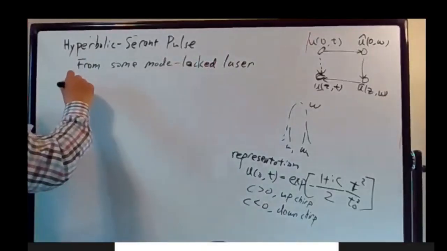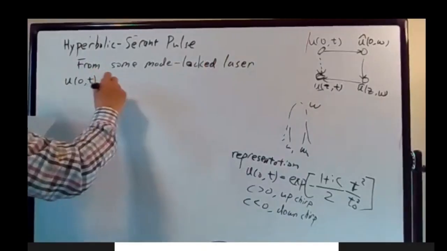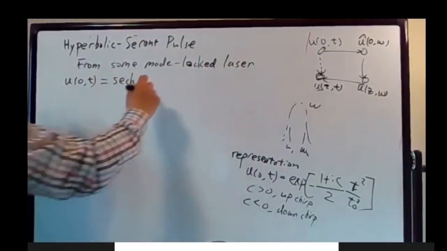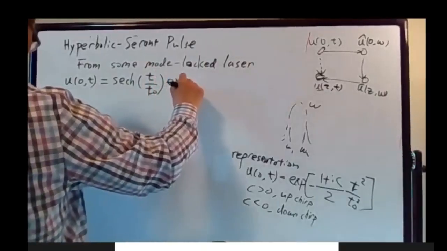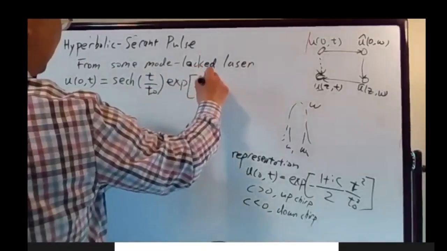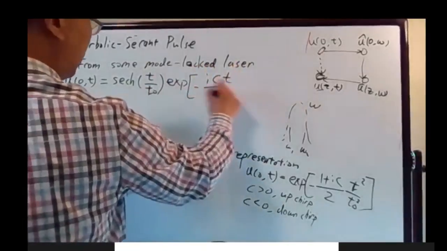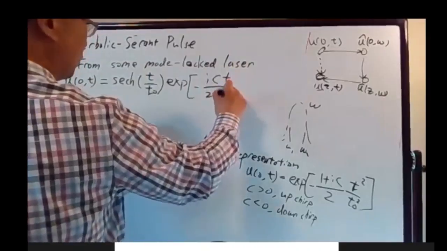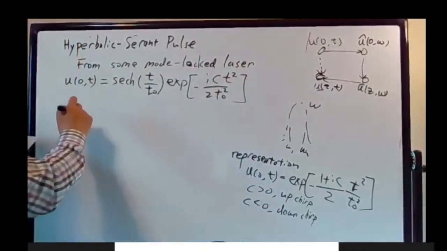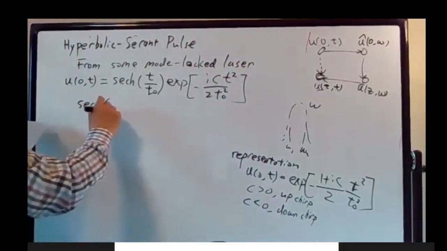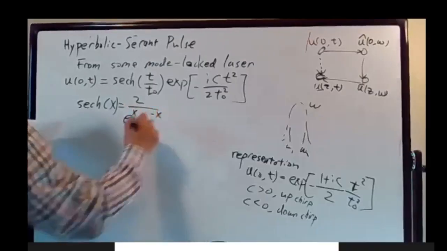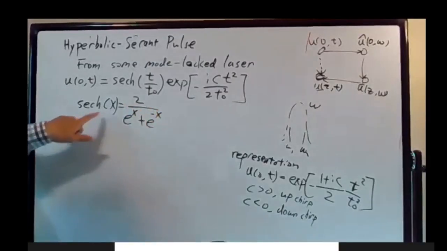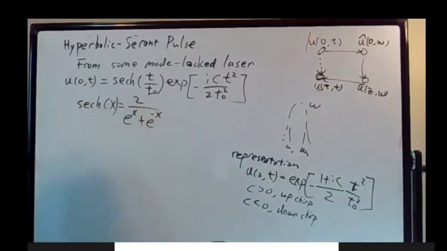So the U(0,T) looks like a secant shape: sech(T over T0) times exponential of negative iC T over 2 T0 squared, right? This secant shape, sech(x), is defined as 2 over exponential x plus exponential negative x.